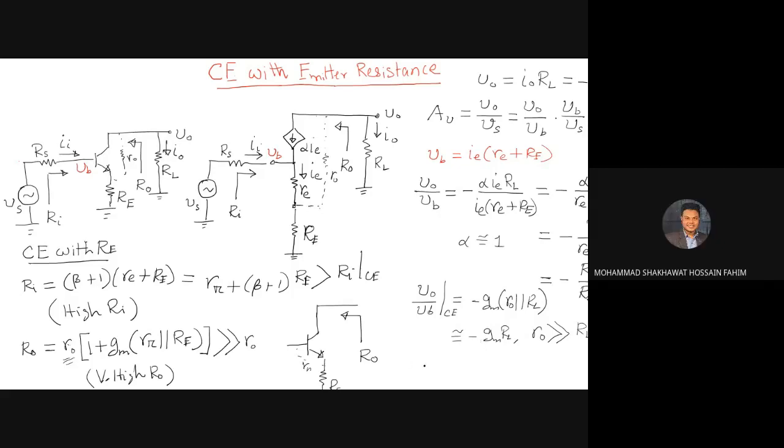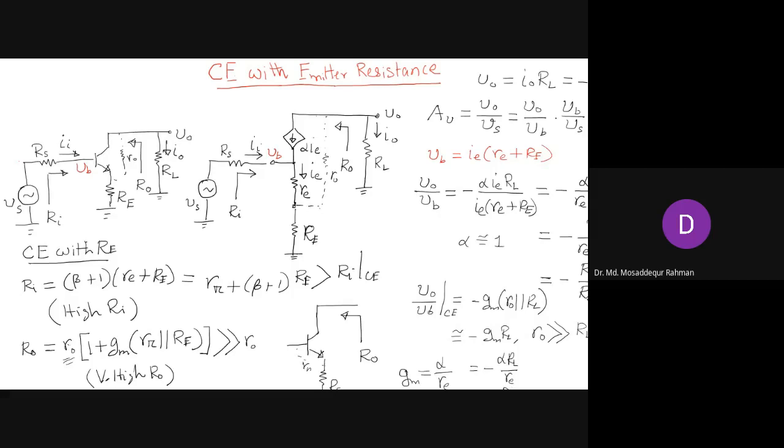No, sir. Okay, GM is alpha by small re. So the gain V naught by VB will be minus alpha RL by small re. And then this we can simplify to minus RL by re, because alpha is approximately equal to 1.